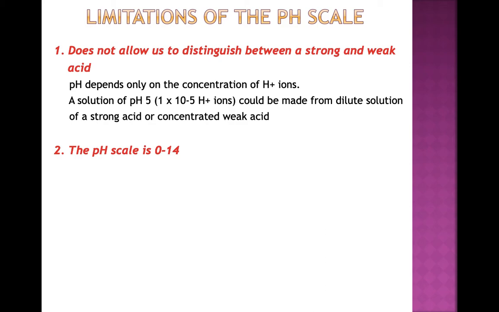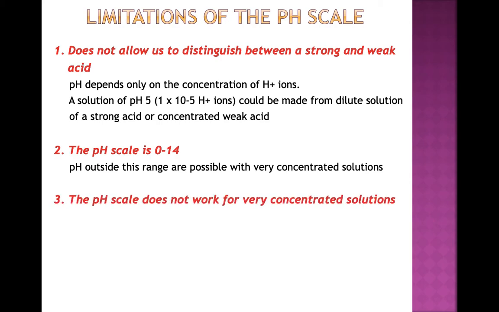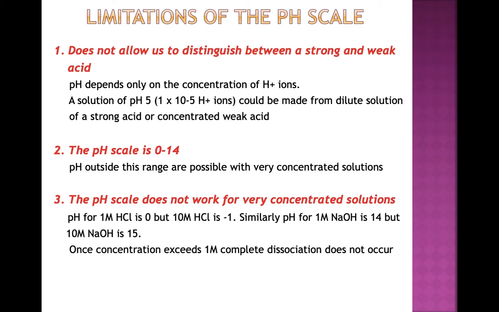Then the pH scale is only from 0 to 14, so it is ignoring possible pHs that are outside that, and there are some solutions that would have a pH outside that 0 to 14 range. The pH scale does not work for very concentrated solutions. For instance, if you had a 10 molar HCl, it would come up with a pH of -1, which is not represented on the scale.